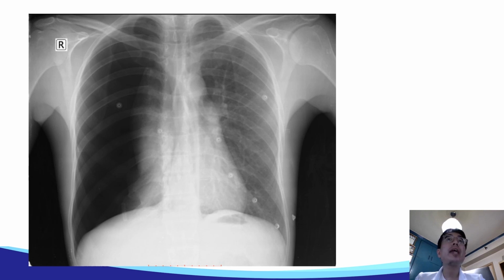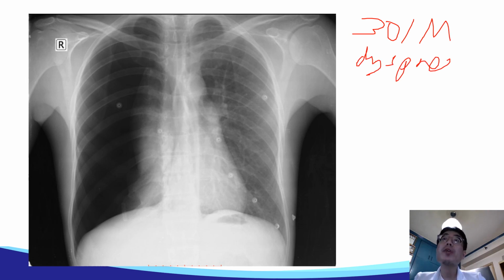Finally, for our third case, we have a 30-year-old male who presented with acute dyspnea and right-sided chest pain. A chest x-ray PA view was taken, and here we can immediately appreciate the increased right lung field lucency and the absence of pulmonary markings lateral to the small hyperdensity over here, which is compatible with the collapsed right lung.